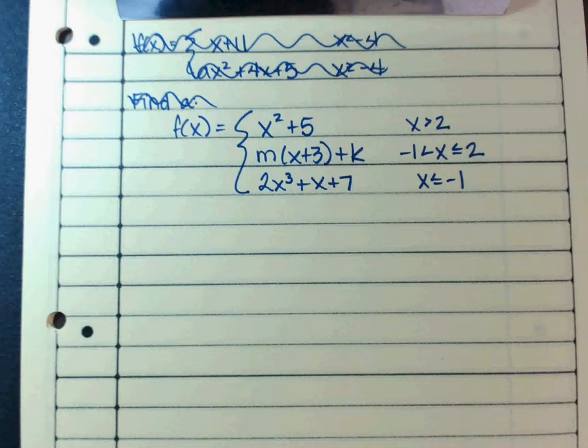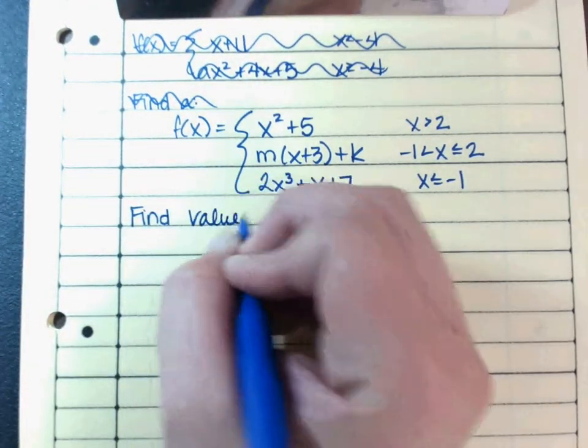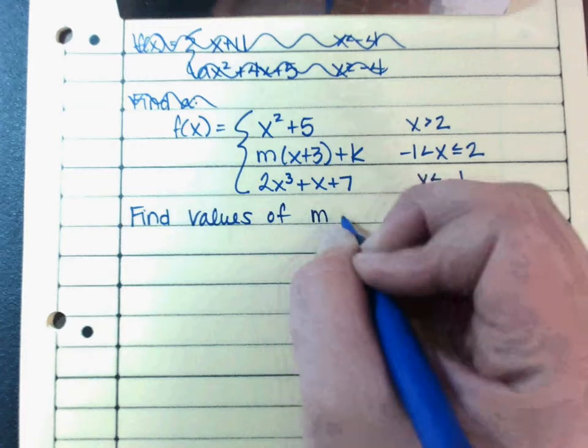Okay, how many pieces does our graph have? Which means how many breakpoints? 2. How many letters are we going to need to find? There's an M and a K. So we're going to find values of M and K.